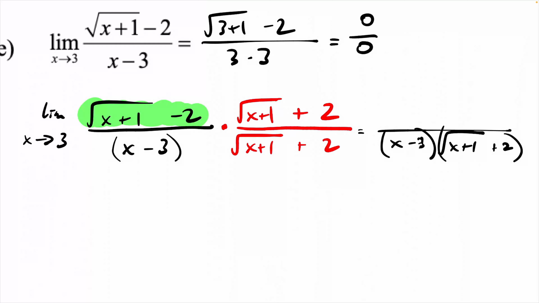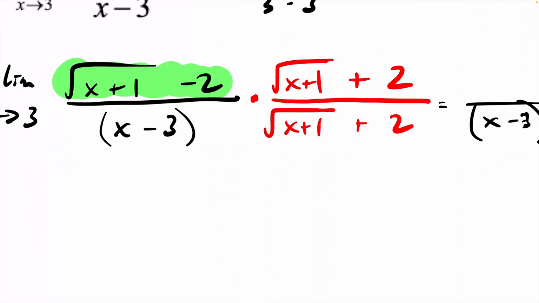What's the relationship between the yellow and the green? There's a couple relationships, but tell me a relationship between the yellow and the green. What do you notice? Square root of x plus 1.